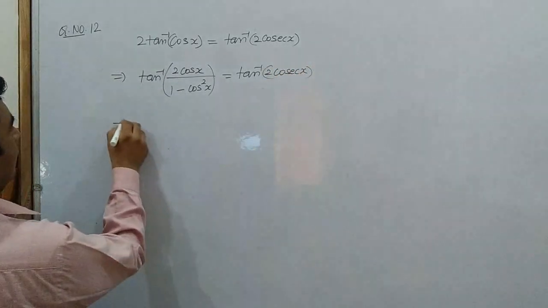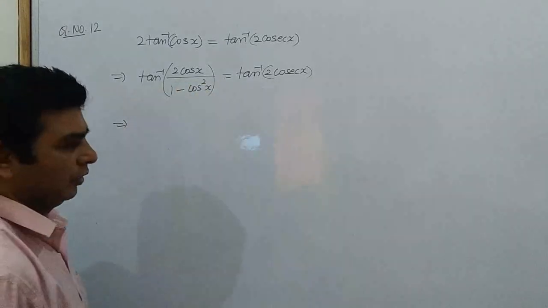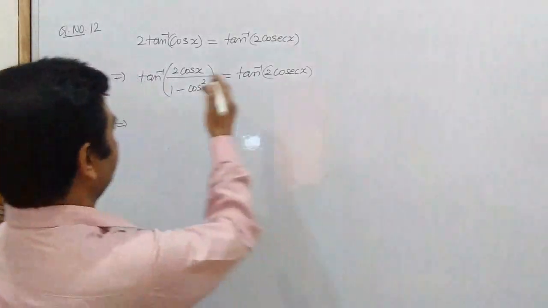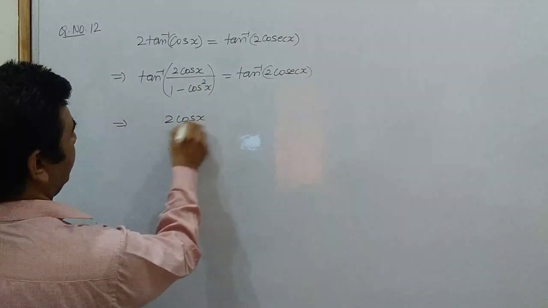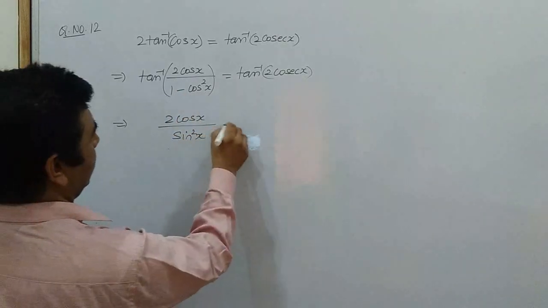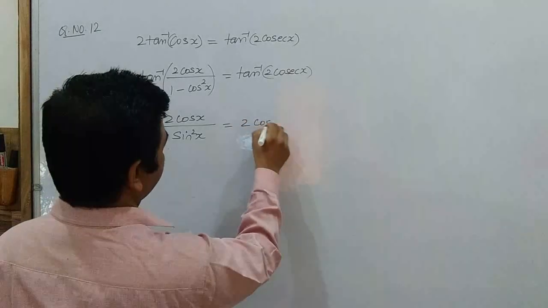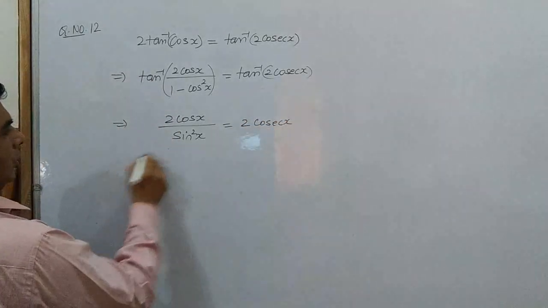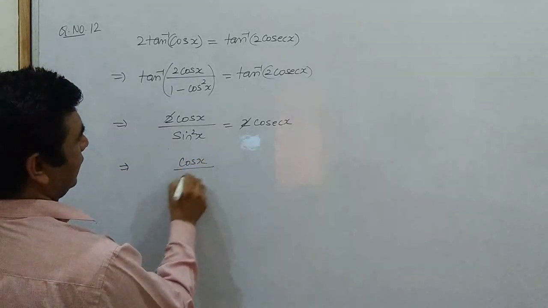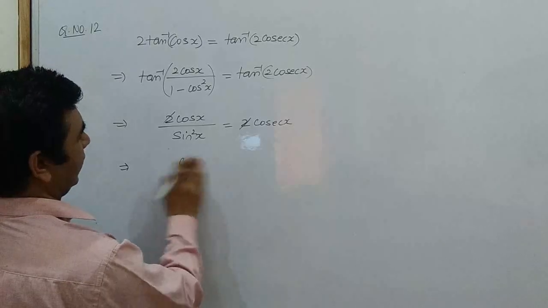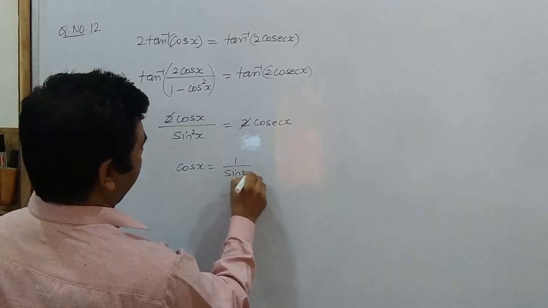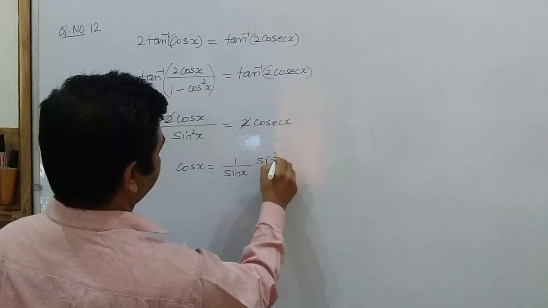Now both sides have tan inverse, so taking the tangent function on both sides, tan inverse will cancel out. So this will be equal to 2 cos x upon, because 1 minus cos square x is sin square x, equal to 2 cosecant x. The 2 will cancel out. This is equal to cos x upon sin square x, or it can be written as cos x is equal to 1 upon sin x multiplied by sin square x.